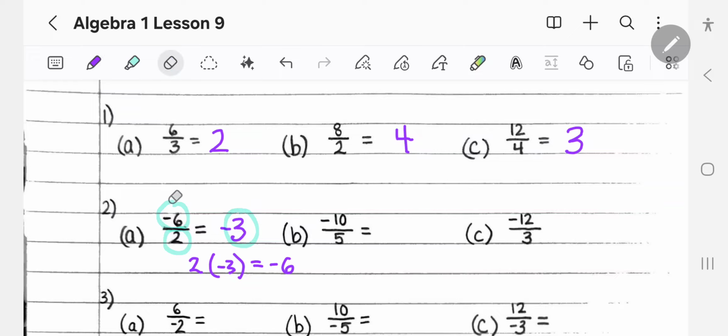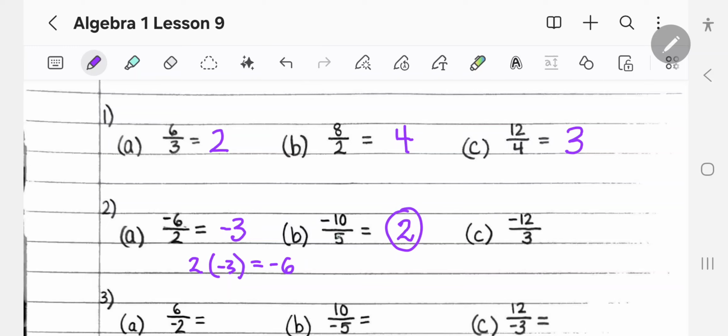So let's look at the next example. Let's see if we can figure it out. Negative 10 divided by 5. I feel like we know the 2, right? 10 divided by 5, looking at their absolute values without the signs, just their distance from 0. But what sign is this going to be, positive or negative?